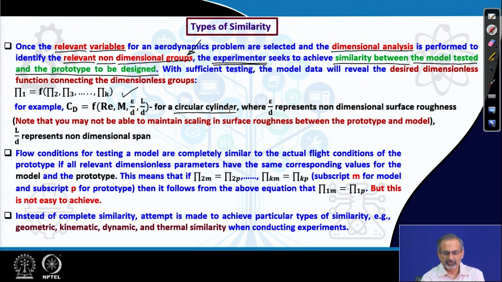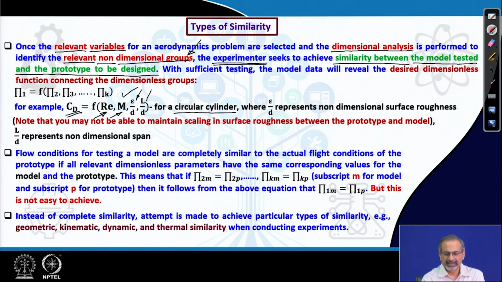And let us say you have come up with a conclusion that for the circular cylinder experiment, the drag coefficient, which is one of the very important aspects of a circular cylinder, would be a function of Reynolds number, Mach number, some kind of a non-dimensional surface roughness which is indicated by this parameter epsilon by d, where d is the diameter of the cylinder and epsilon is a measure of the surface roughness dimensionally.